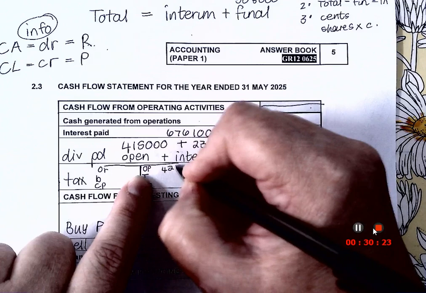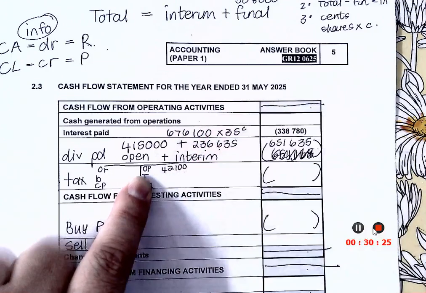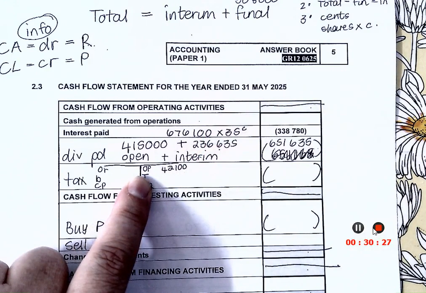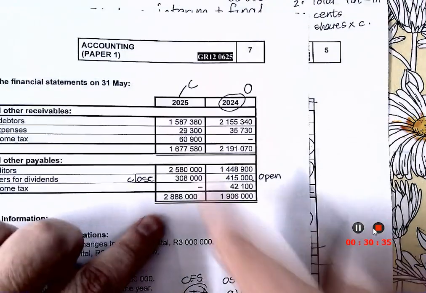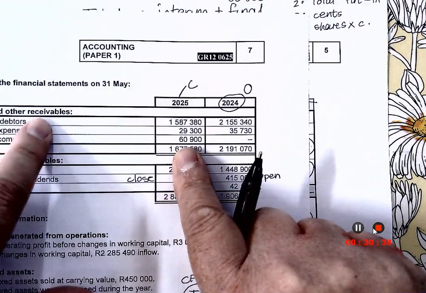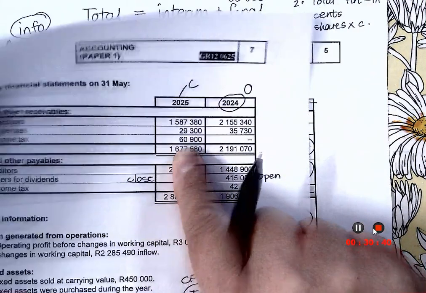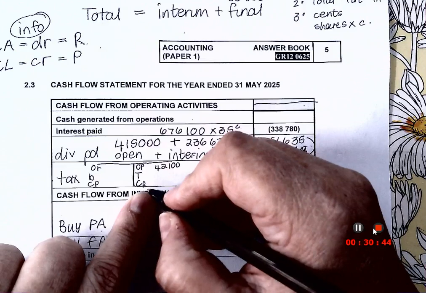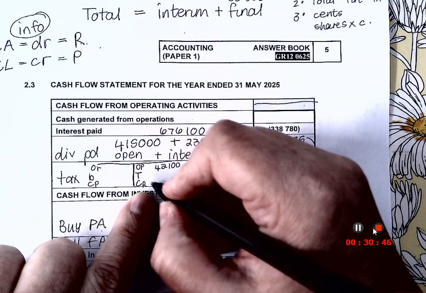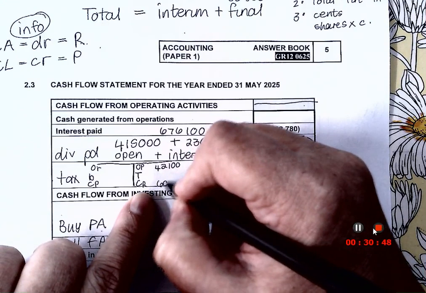So that's my opening. So let's go look at the closing. So the closing I see with the receivables. And can you see now the receivables is also credit? Because I'm talking closing now. So it's 60,900. Everybody with me?